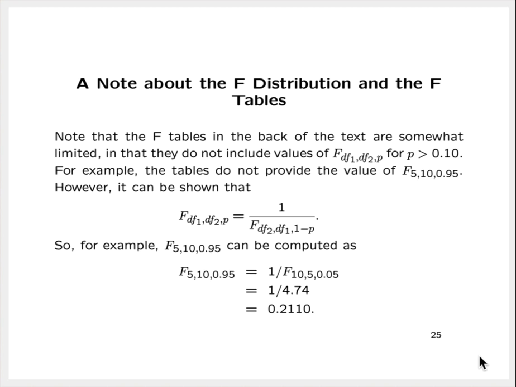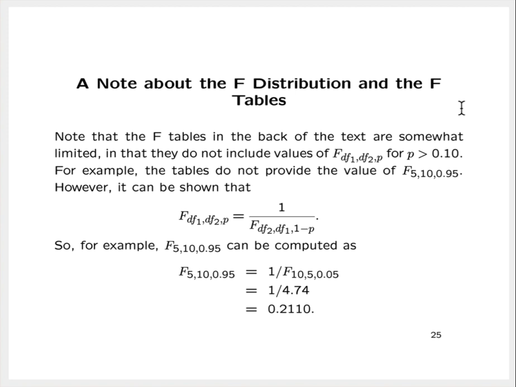Now, let's talk briefly about the F distribution and the F table. There are actually several F tables. There is an F table for each upper tail area that we're talking about.